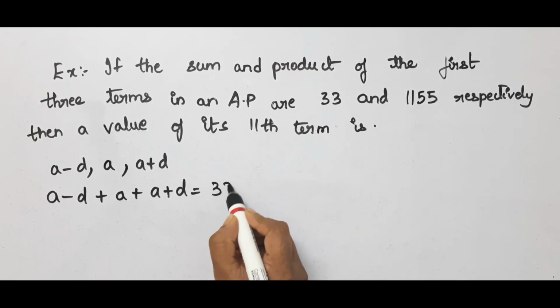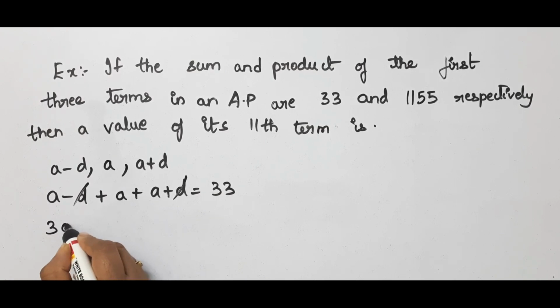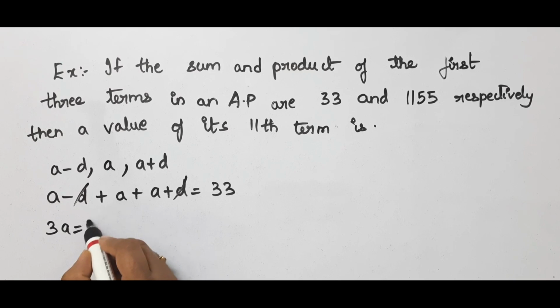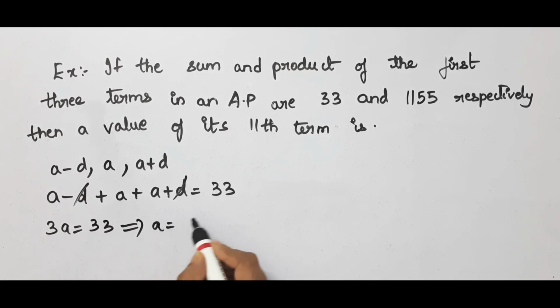So just substitute here, it is 33. So d cancels and we get 3a is equal to 33. So a value is equal to 33 by 3, which is nothing but 11. So we got a value as 11.